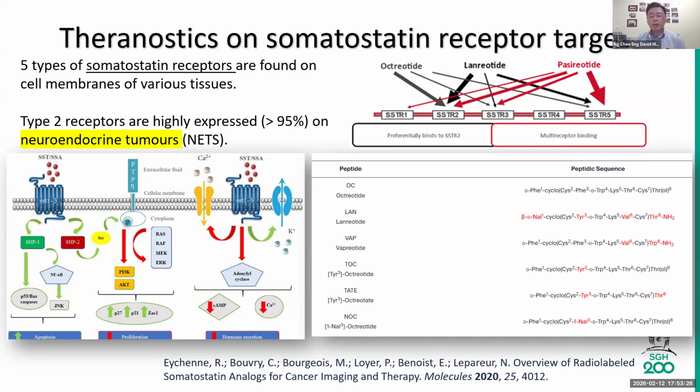So the idea is to change the amino acid in this substance called somatostatin, because it's a receptor for somatostatin. You modify the analog of somatostatin, and as you can see on the table there, by changing the amino acids of the sequence, you can increase the targeting to the type 2 receptors. And this is the idea of theranostic or PRRT on somatostatin receptors.